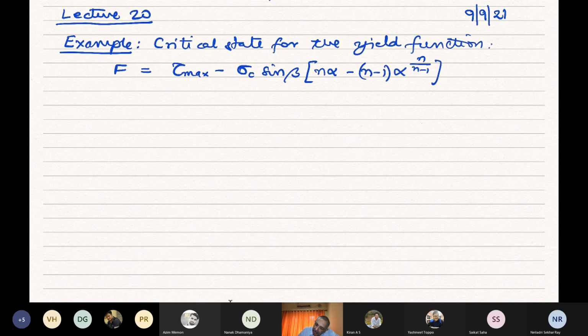So this is the yield function f, and this at the point of yield is equal to 0.